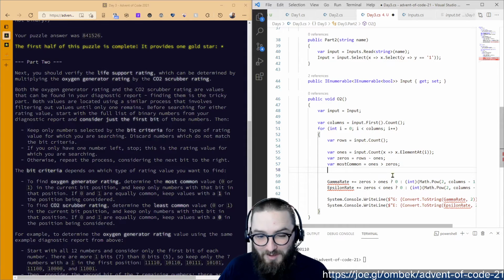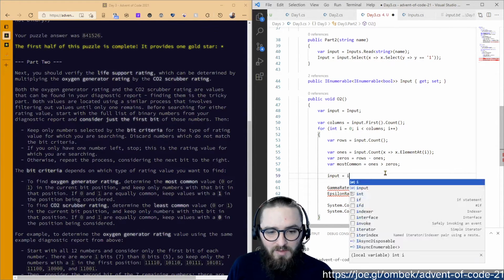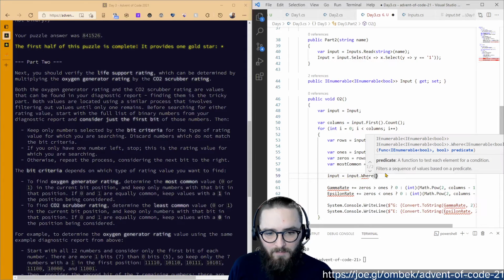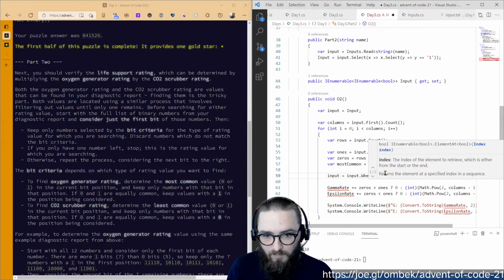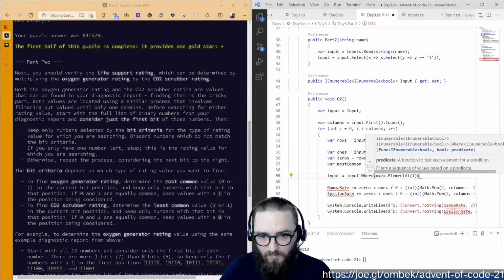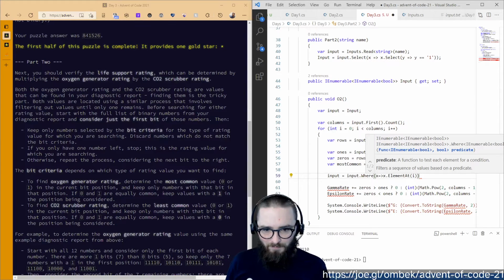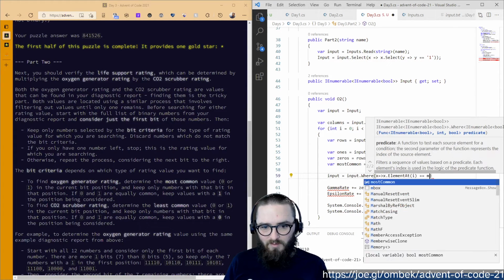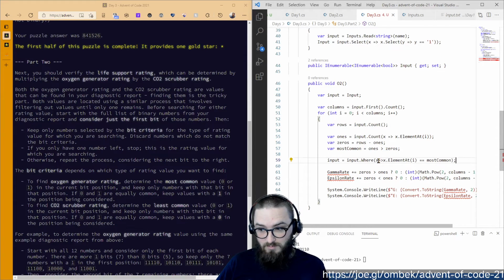Yes, because I'm converting back to Boolean now. So then I want my input to be the input where the current iteration, so the current column, is most common, right?